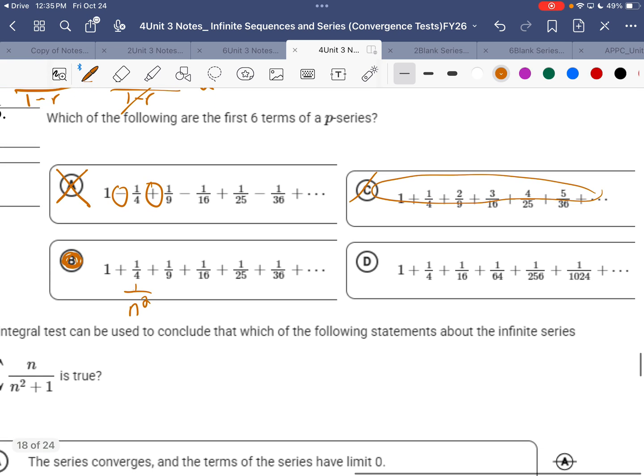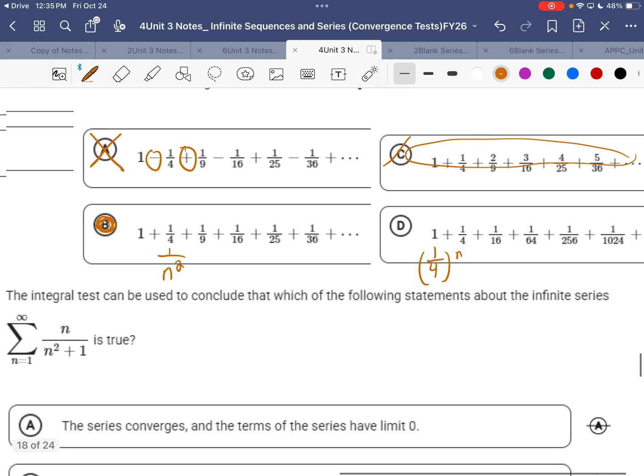What's wrong with D? You're squaring the previous term. Or, no, it's a geometric series. You're multiplying by a 4th each time. Yeah, it's to the 0. Oh, yeah, that makes sense. Never mind.